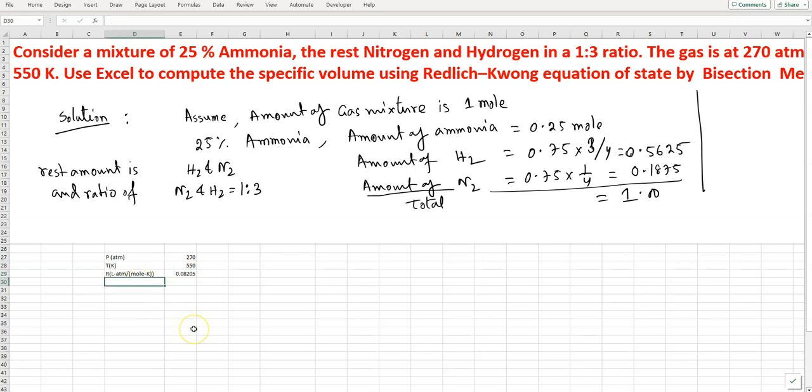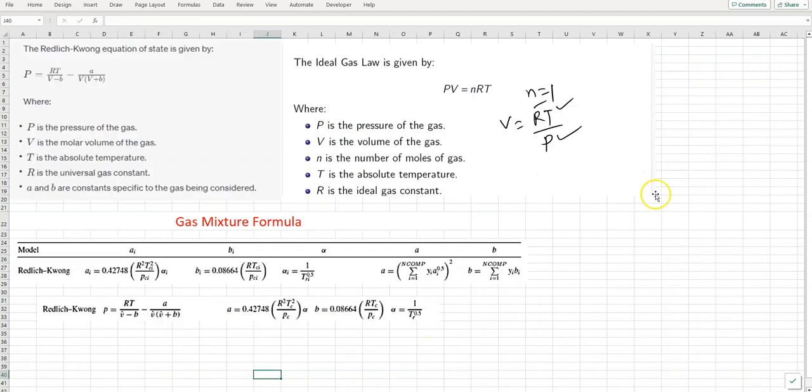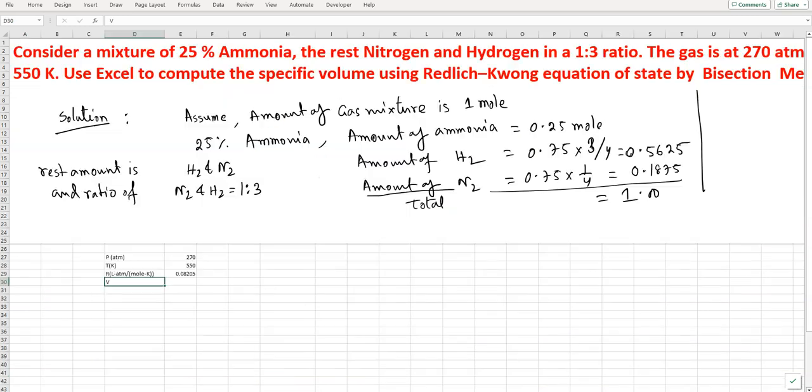We can also calculate the volume from the ideal gas law. The formula is PV equals nRT, n is equal to 1, so V is equal to RT by P.